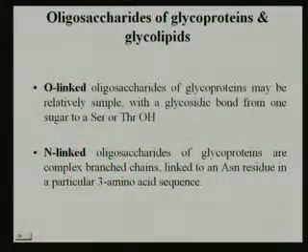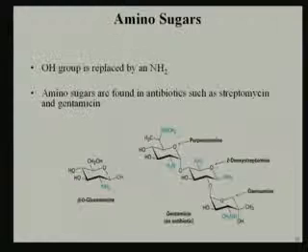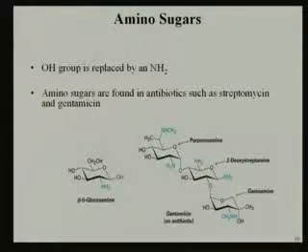Now, in amino sugar, the hydroxyl OH group is replaced by the amino group of the amino acids or protein moieties. Similarly, this type of linkage is also found in lipoproteins, glycoproteins and so on.